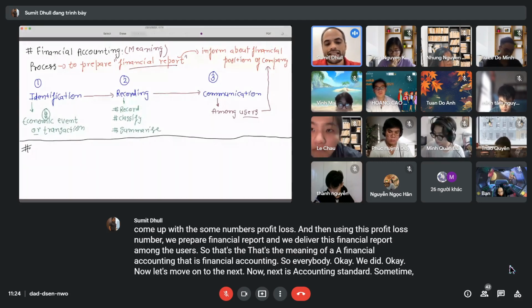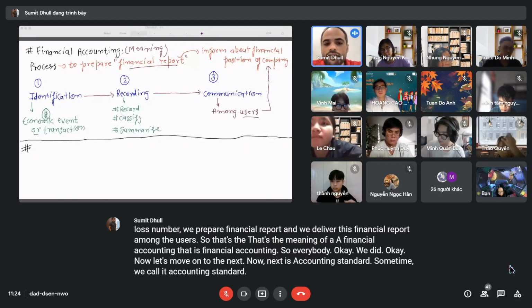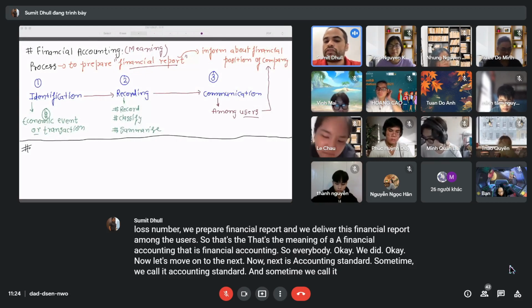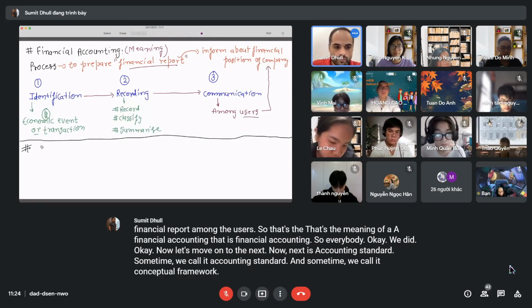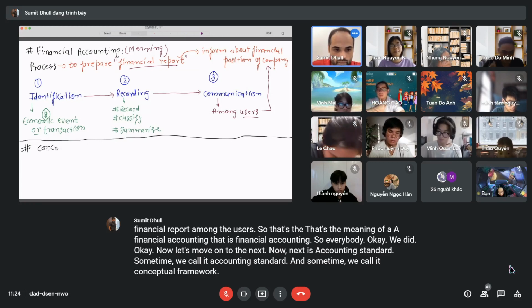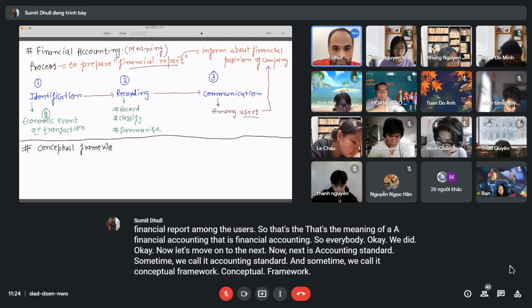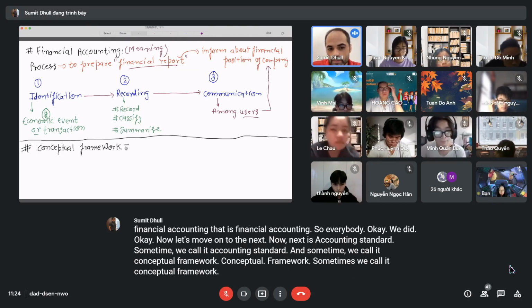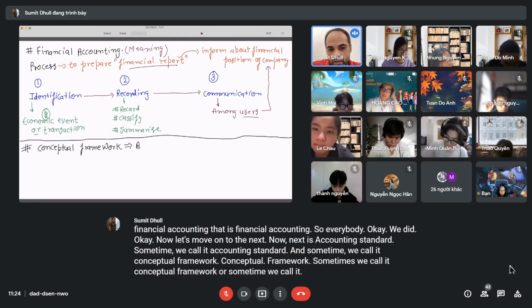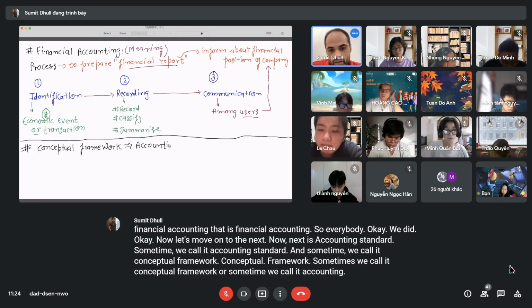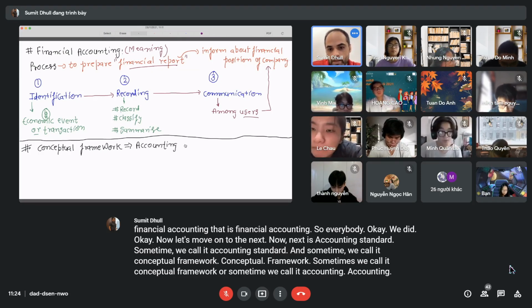Sometimes we call it accounting standard, and sometimes we call it conceptual framework.